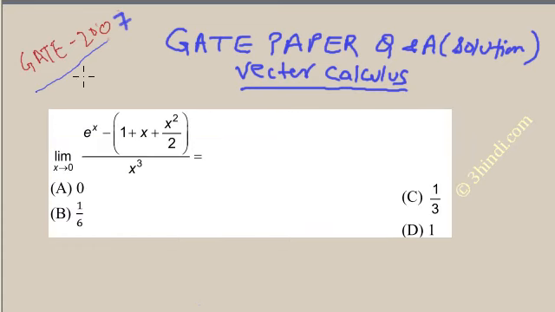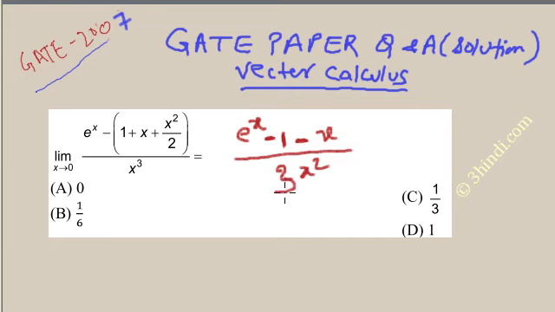This is another question from GATE 2007. You are required to find the limiting value using L'Hospital's rule. You first differentiate numerator and denominator. You will get e to the power x minus 1 minus x divided by 3x square.